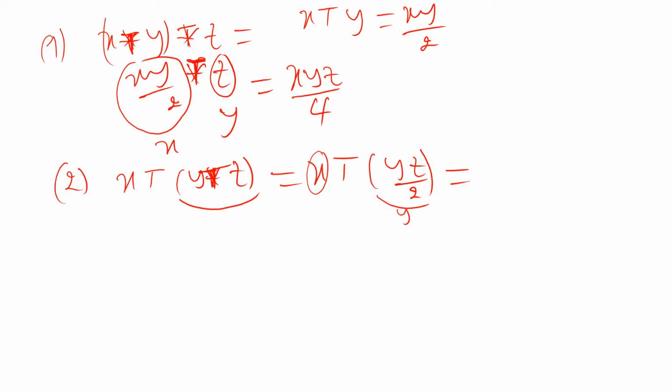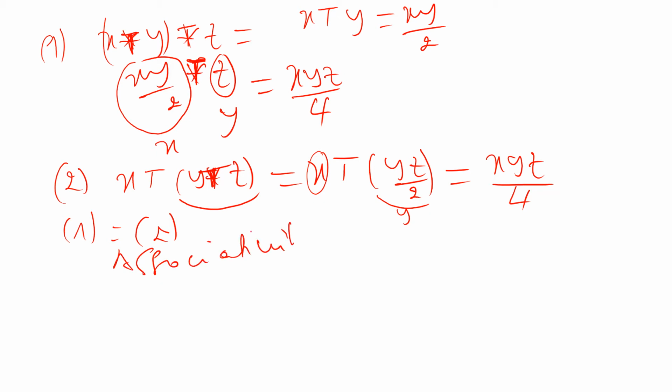Now we get xyz over 4. Therefore, since 1 is equal to 2, the associativity is verified.